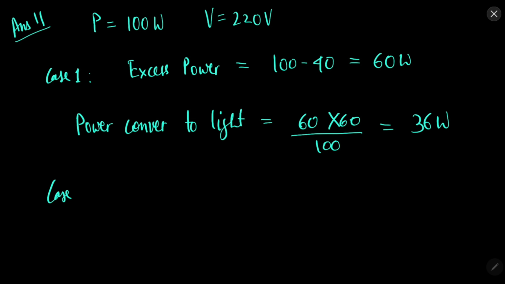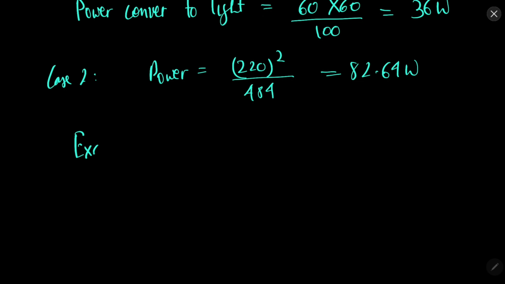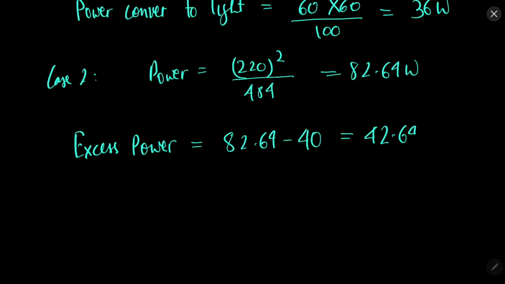Case 2, power equals V square over R, 200 squared over 484, 82.64 watt. Excess power will be 42.64 watt.